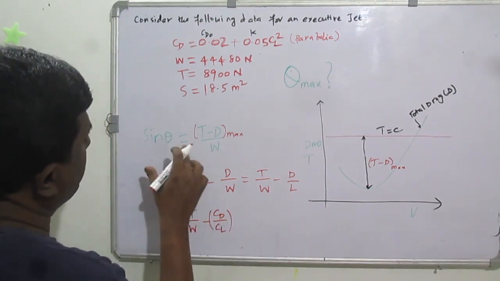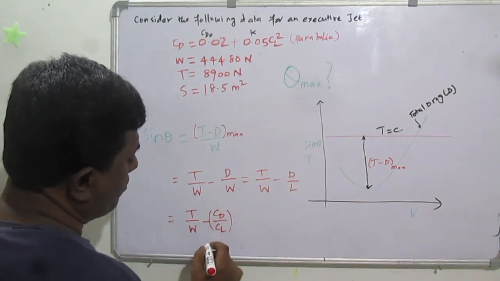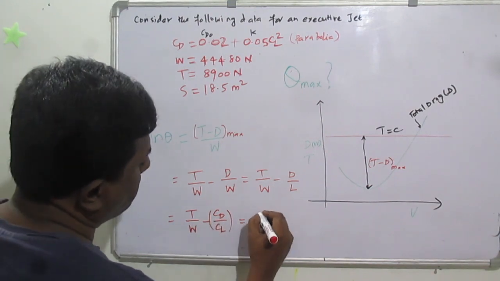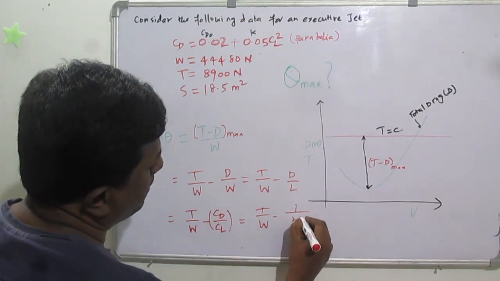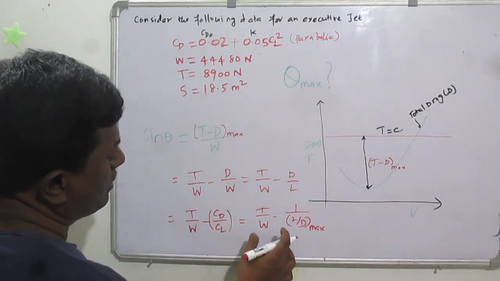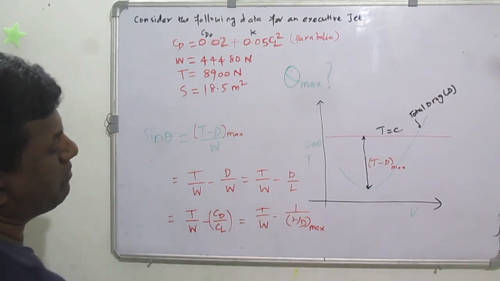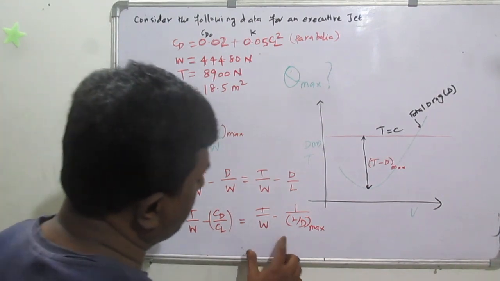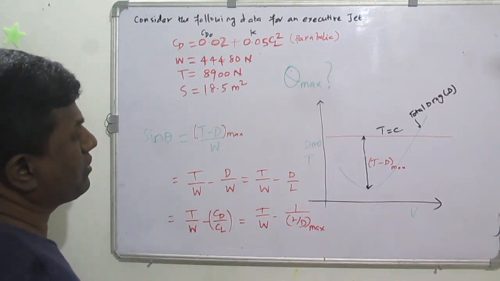Then only can sine theta, the maximum angle of climb, be found. When it is minimum, we can write T by W minus 1 by (L by D) max. This is the minimum drag condition we are using. We can use this formula to find out the maximum angle of climb.